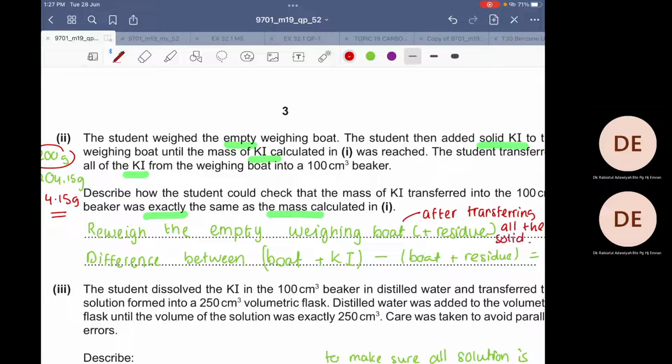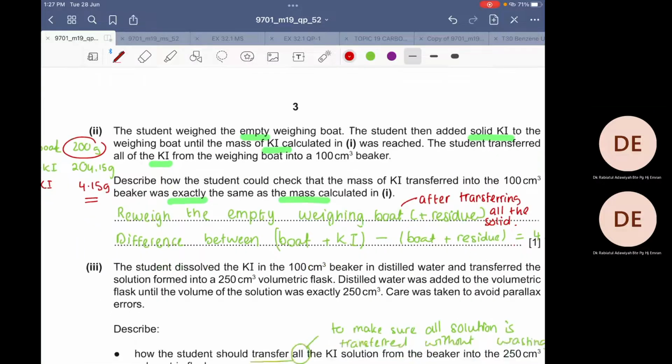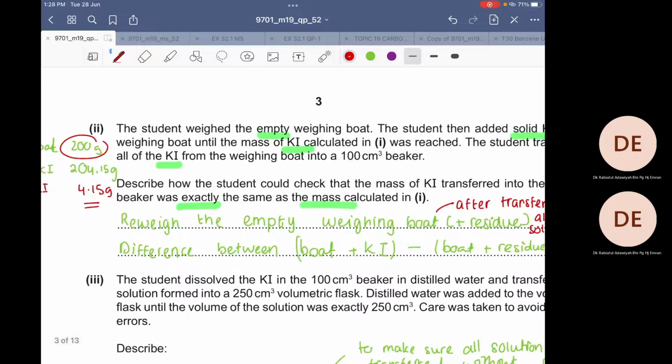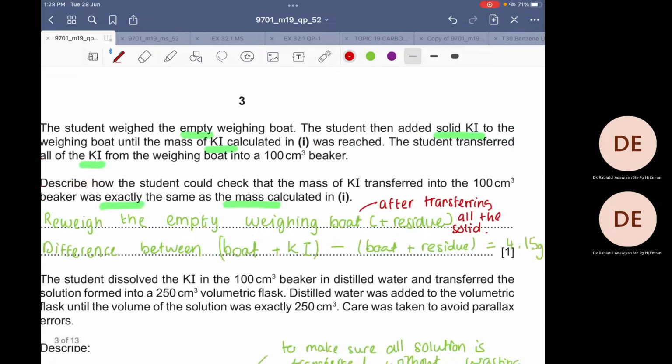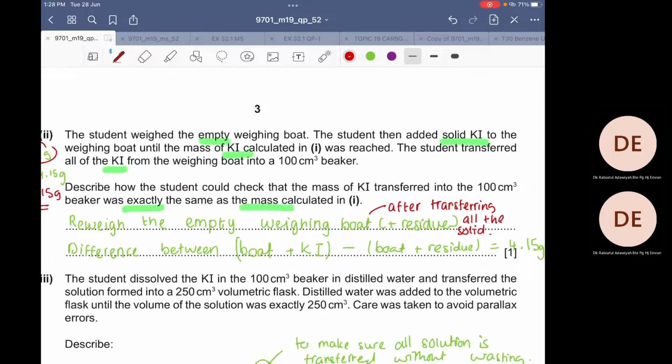Okay? And then the difference between boat plus KI and boat plus residue must be 4.15 grams. Then, for sure, he can say, yes, I am confident that I transferred 4.15.